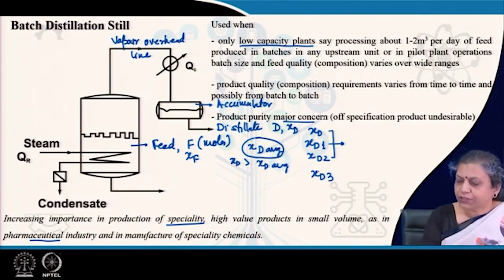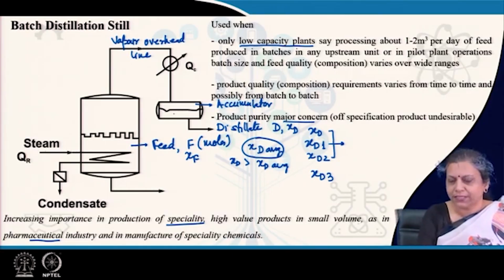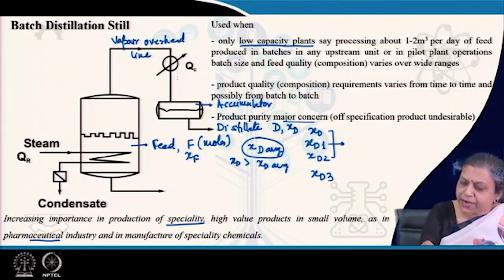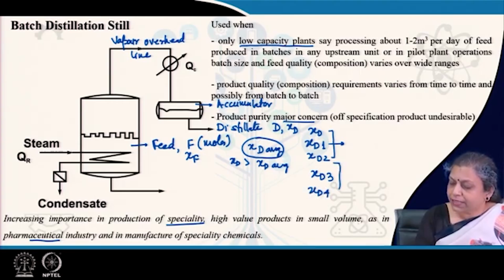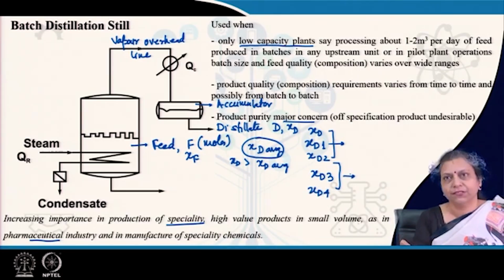So, for that what do we do? We have collected in one accumulator product whose average composition is XD1. Then we direct the vapor to another accumulator. In that particular accumulator, maybe we start collecting from XD2 to XD4, such that the average composition is XD3.